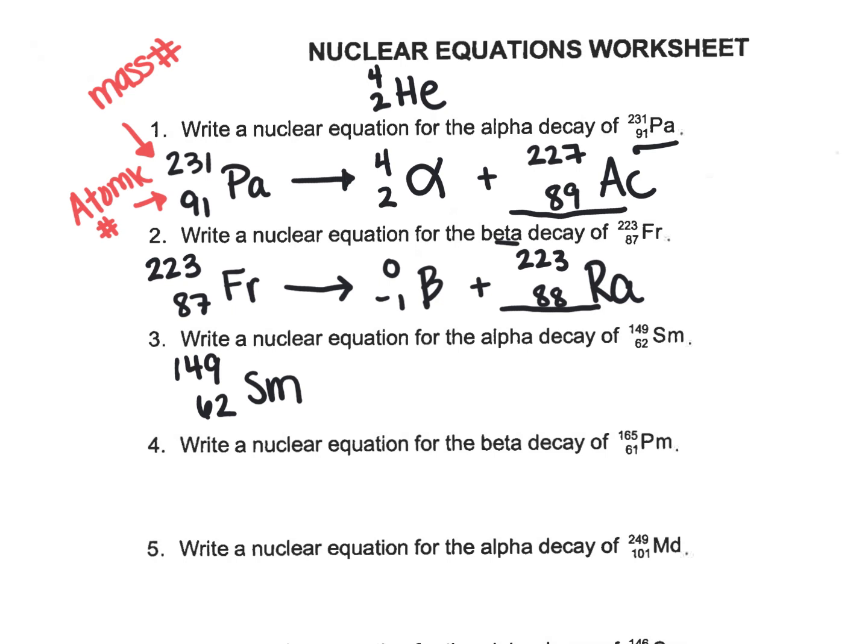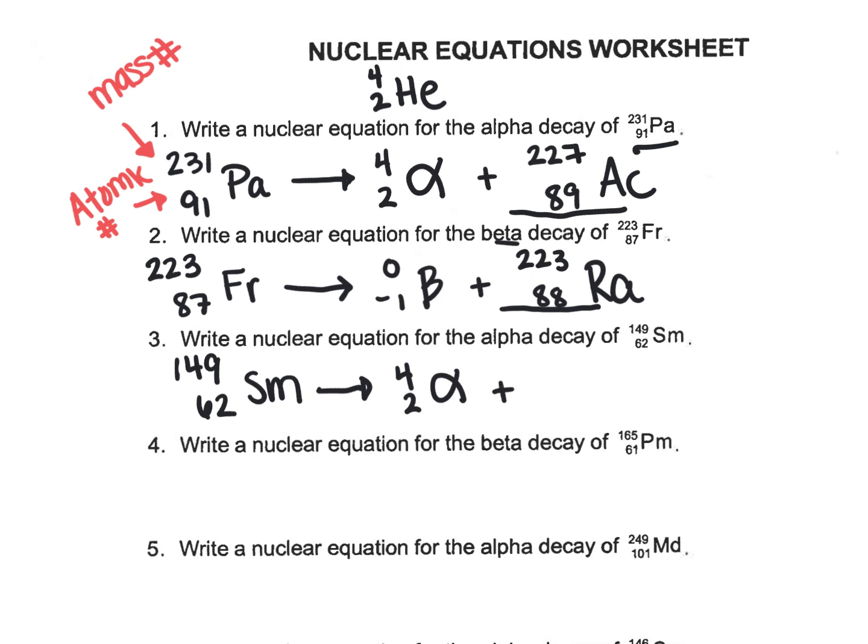Then what are you going to write? Before you get that far, what has to come next? Just the arrow. Decay means it's going to break down. So then if it's alpha decay, what kind of particle are you going to write? 4, 2. Good. 4, 2, the little alpha, or helium.